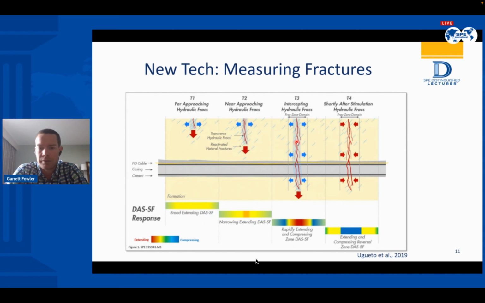As those fractures cross the observation well, you get an extension in that cable, which manifests as a strain and is measured up at the surface. And then as that fracture closes, you get a compressional event, and so you get this series of extension and compression signatures across that observation well.